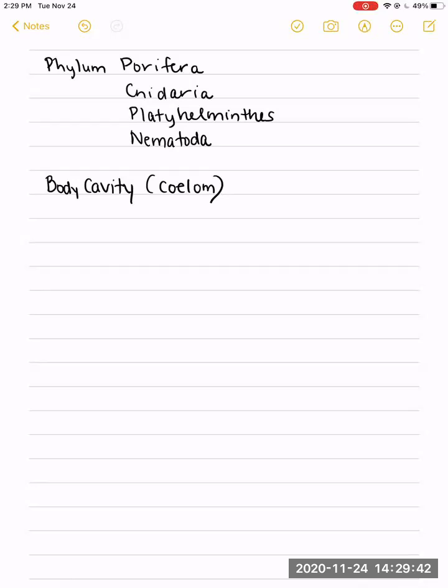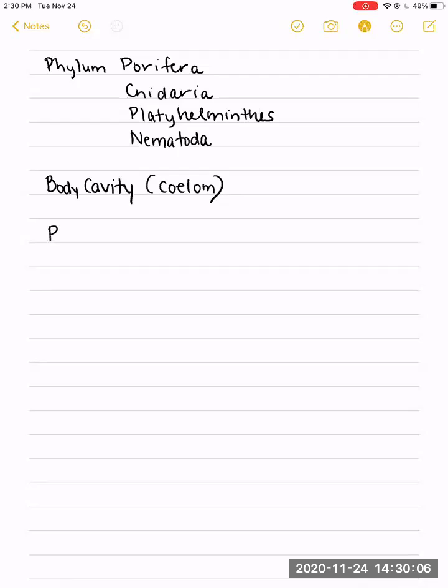So let's start by drawing the flatworms who don't have a body cavity. So they have 3 tissue layers, the endoderm, the ectoderm, and the mesoderm, but they don't have a space in which complex organs can be protected and develop.